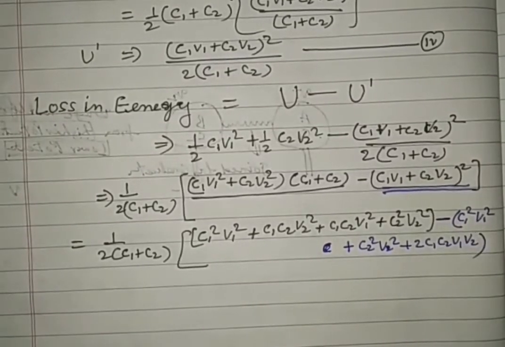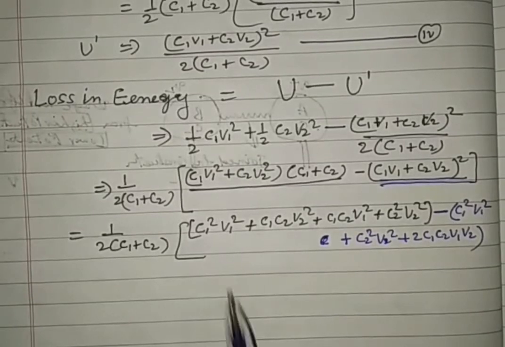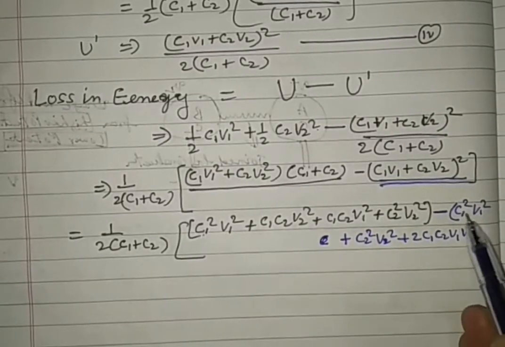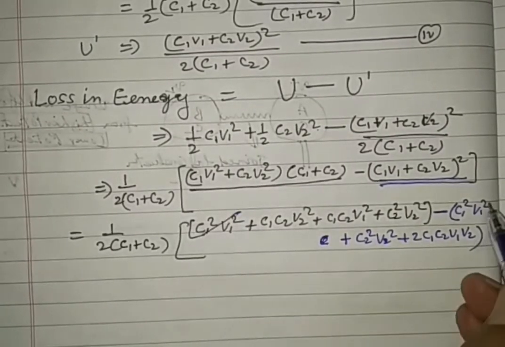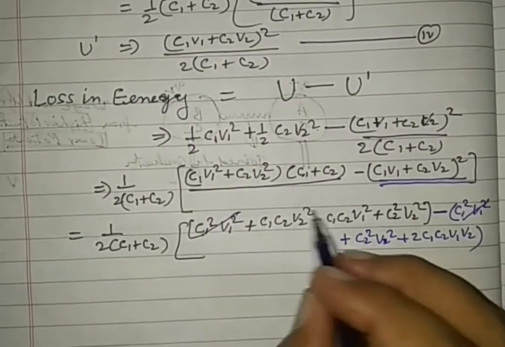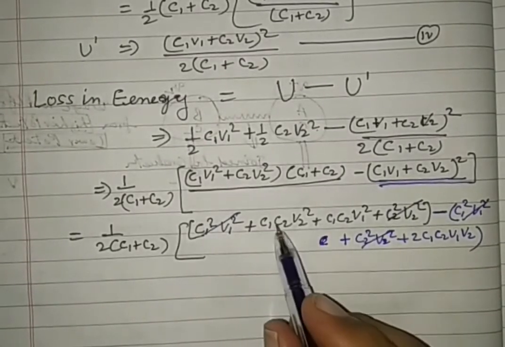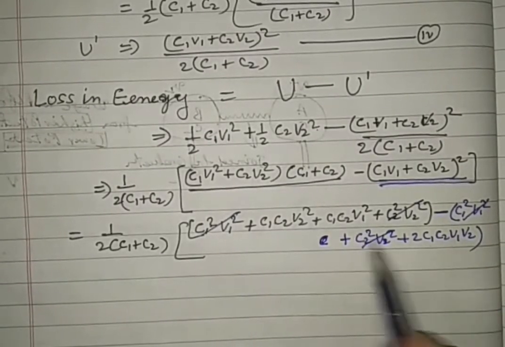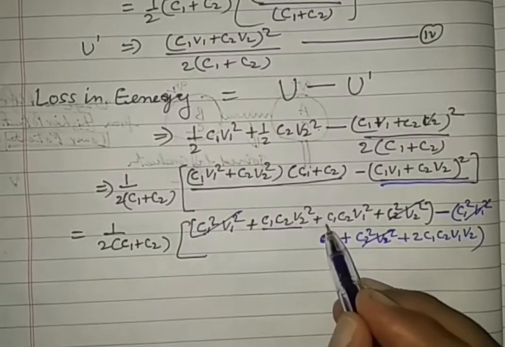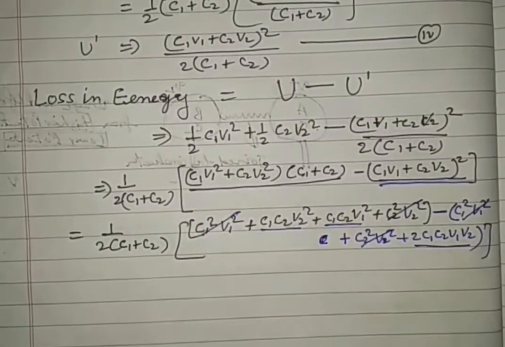See very carefully here, students. C1 square V1 square and C1 square V1 square will cancel because one is plus and the other is minus after opening the bracket. Here also these two cancel. So three terms remain.